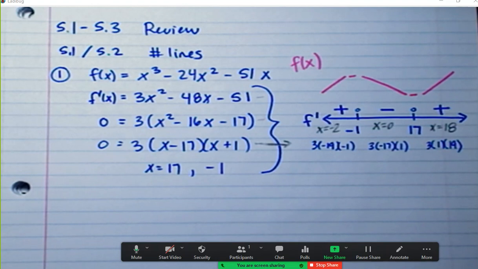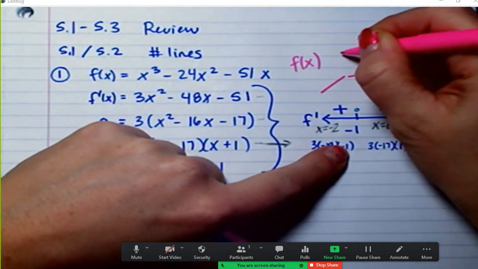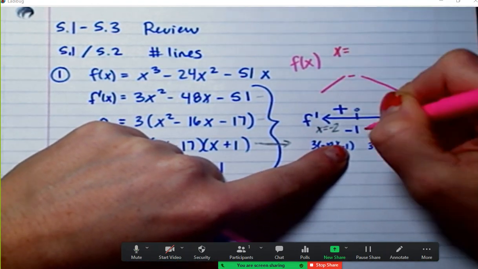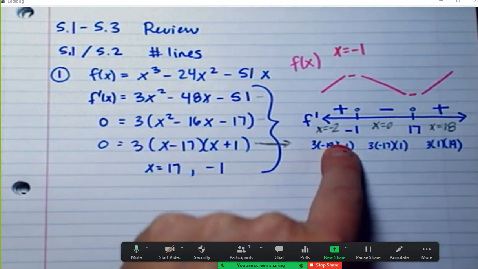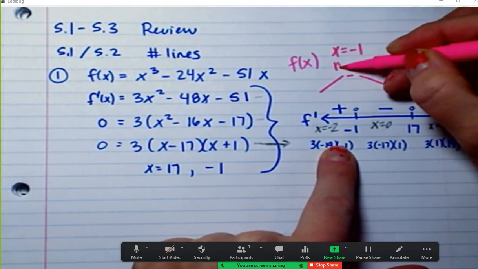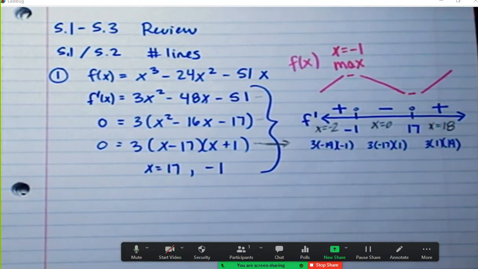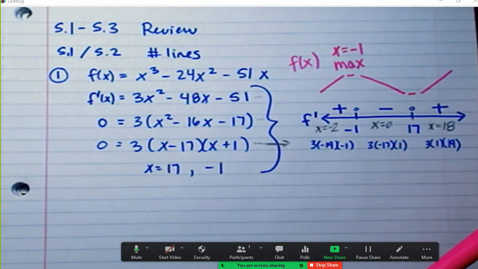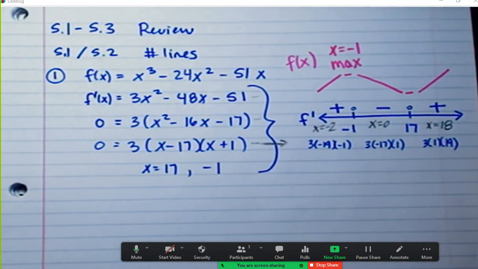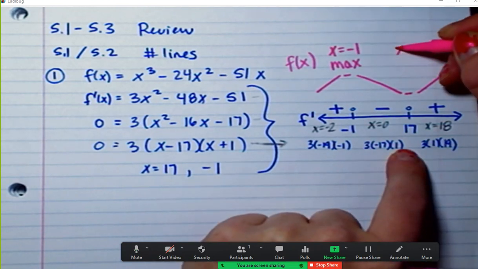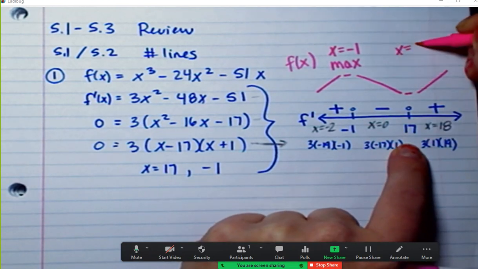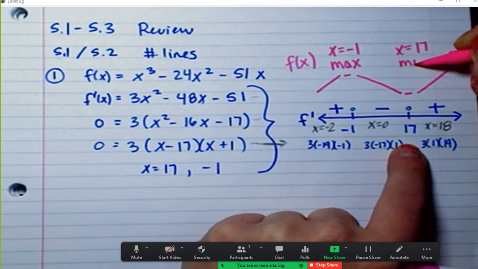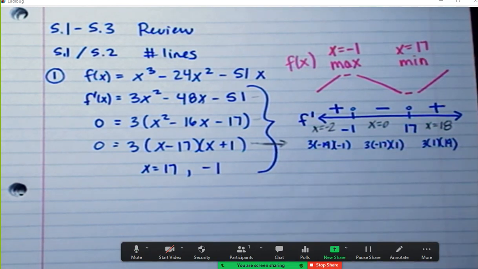All right, so that means that at x equals -1, f of x has a max. I'm using a different color so you can tell that I'm talking about f of x here. This is an f prime number line, and I'm talking about f of x. At x equals 17, there's a minimum.